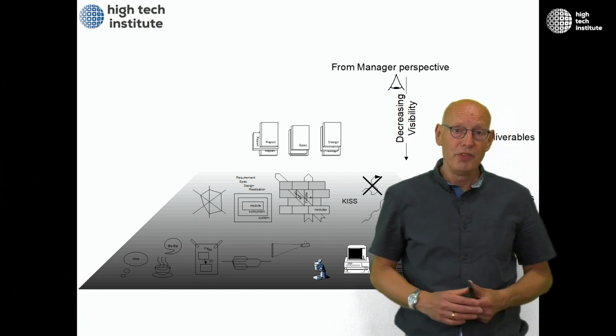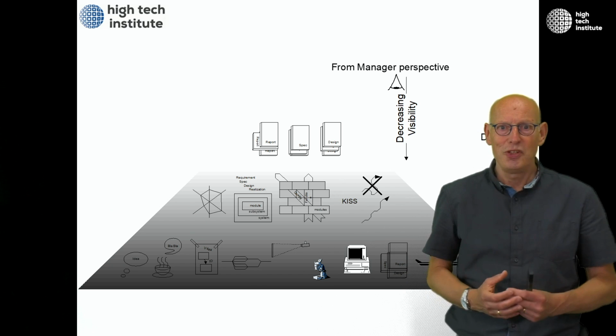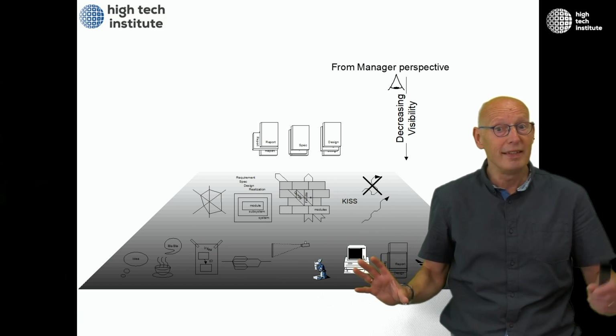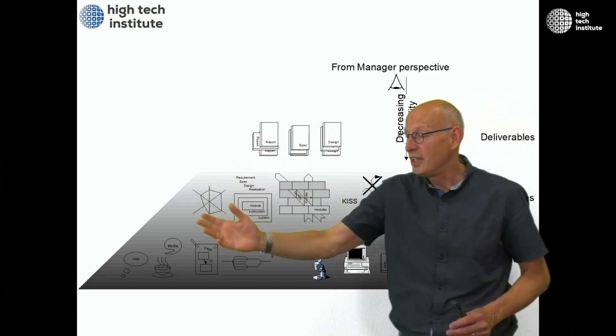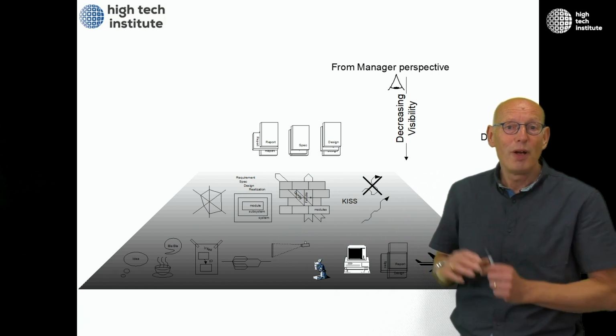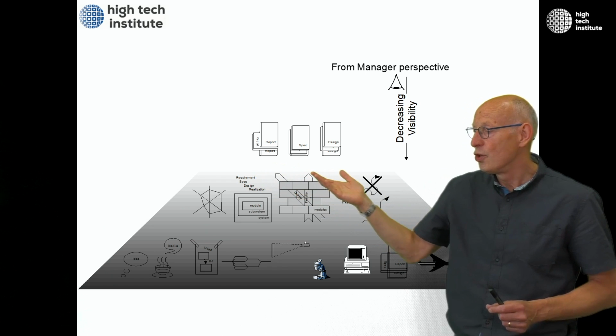The last subject of day number 1 is the typical deliverables of the system architect, the responsibilities of the systems architect, and the activities. And that's more or less covered in this, I sometimes call it the iceberg. If you think of an iceberg, then only the top part of the iceberg is very visible. That's the part that's above the waterline.